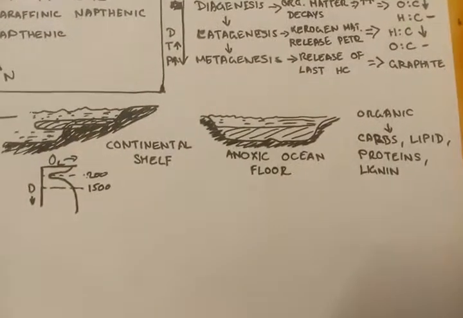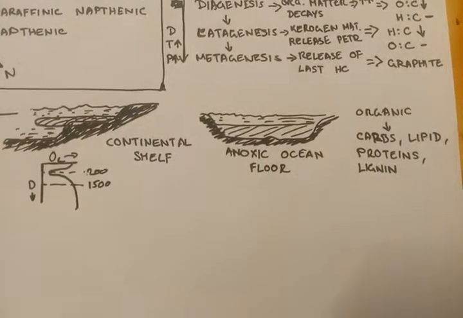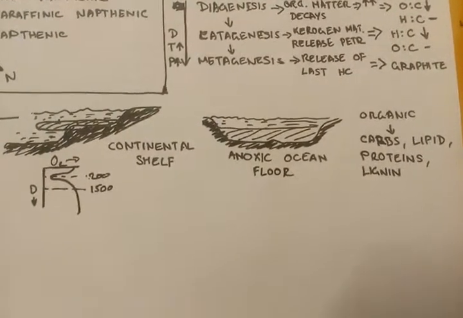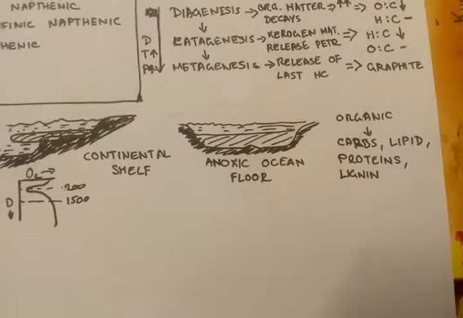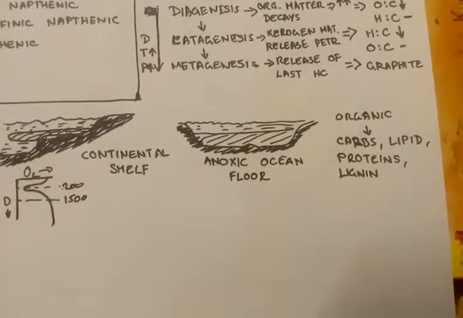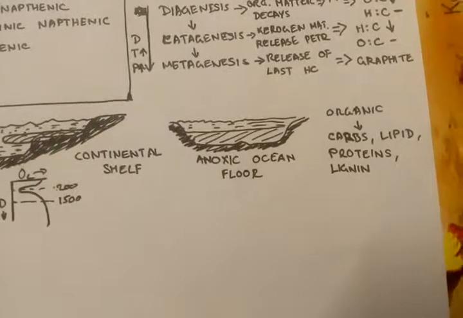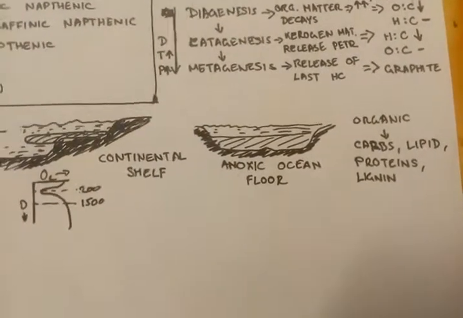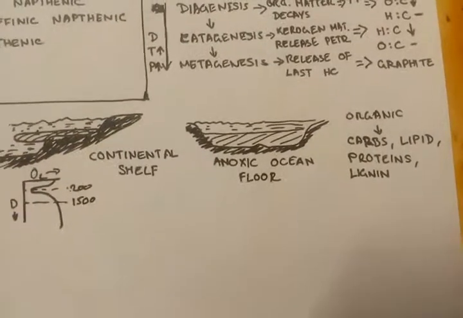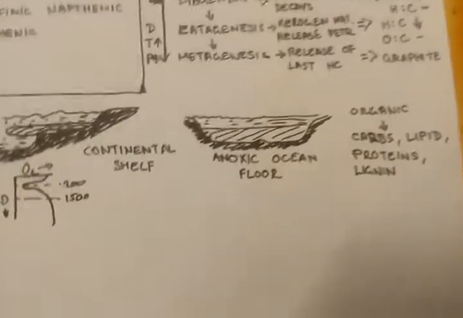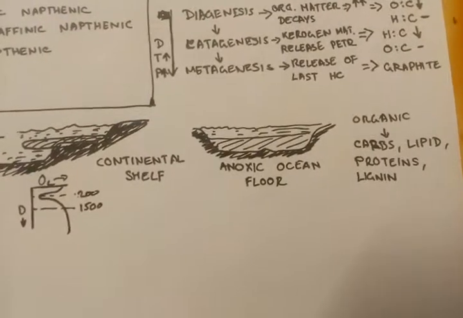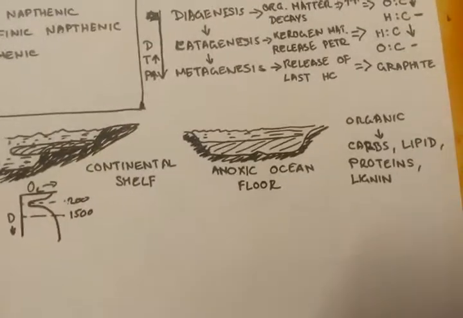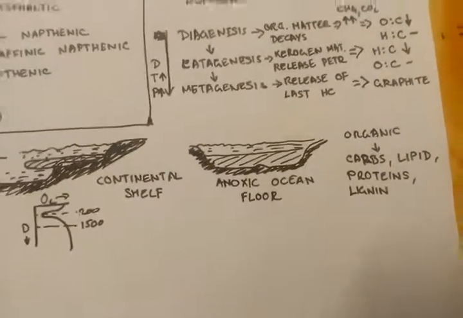Then there are lipids, which are polymers again, and they include oils. Lipids are basically unsaturated ones, oils. After that, there are proteins that have nitrogen in them, so they form amino acids. The amino acids polymerize with each other and form long chains known as proteins. And then there are lignins. Lignins are mostly found in higher plants. Proteins are found mainly in animals. Carbs and lipids are found in both.